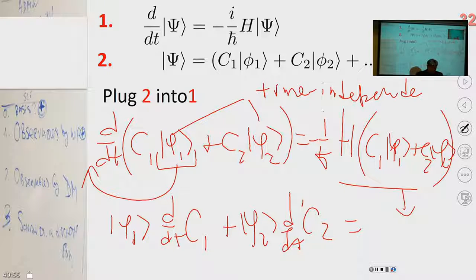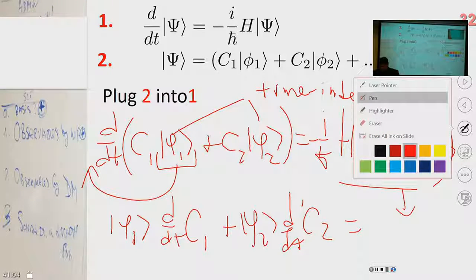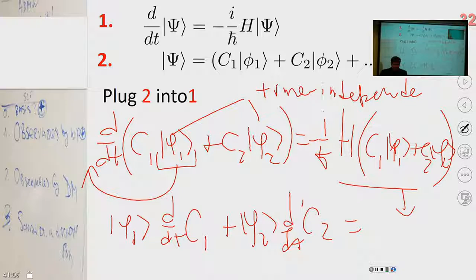We can use the orthonormality principle and multiply this expression by a basis function, by a bra from the left. I know that I'm doing the wrong thing. Bra is written in a different way.